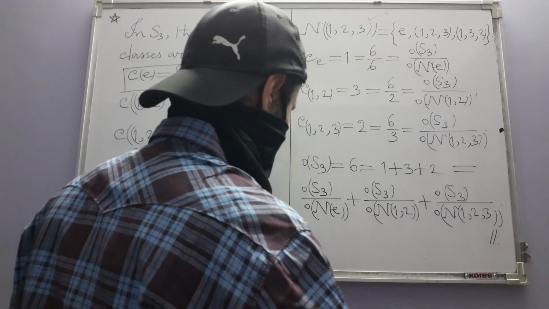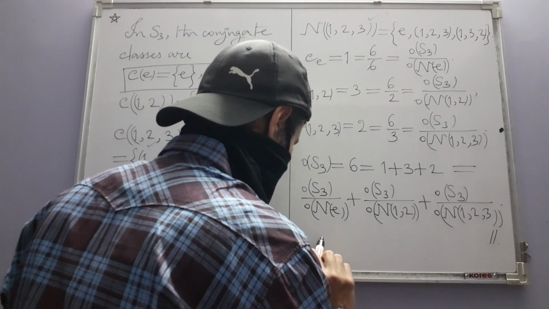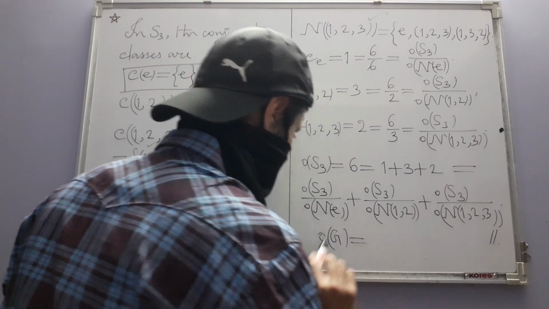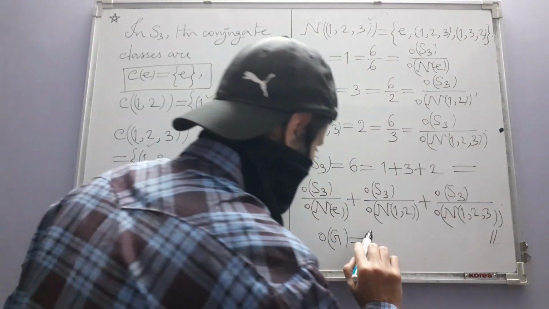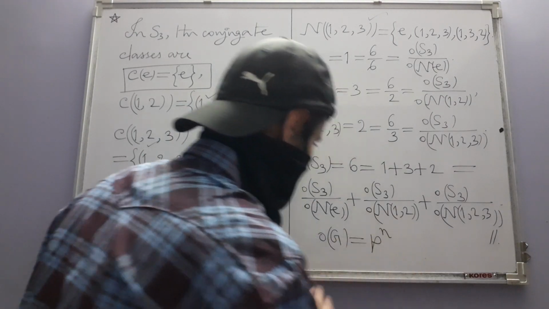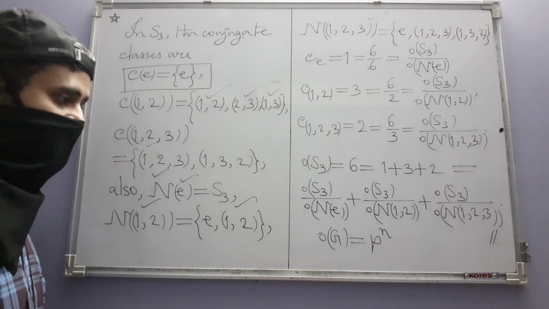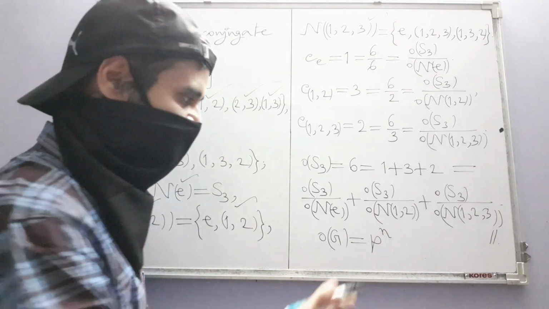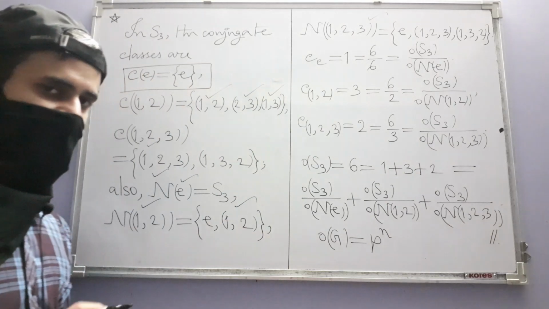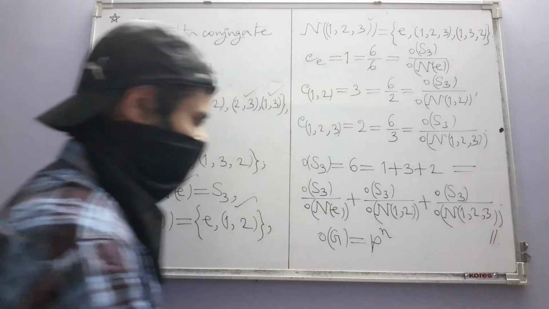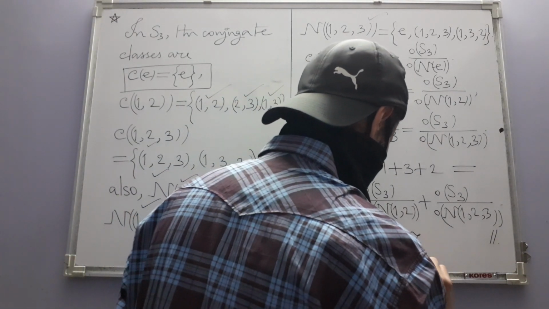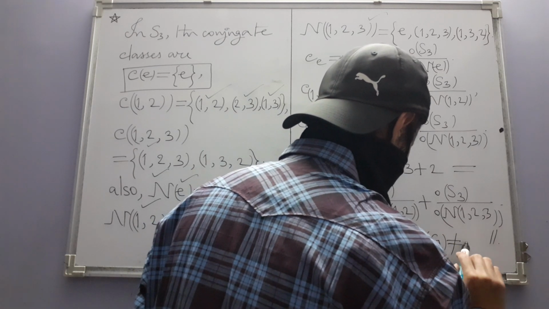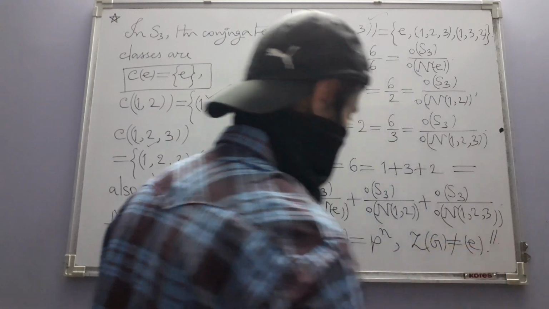And the major thing among them is this: if G is a finite group whose order is a power of a prime, p to the n, and say here n is greater than 0, that is G is non-trivial, G has at least 2 elements, then the center of G is non-trivial.